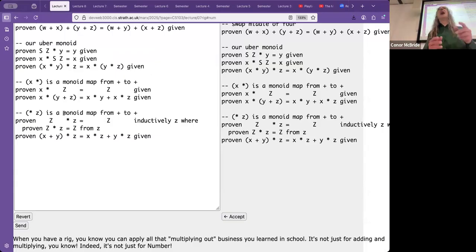You may have noticed that our type of formula has constructors for multiplication and addition. That's to say that our type of formula is a syntax for describing computations in a rig.